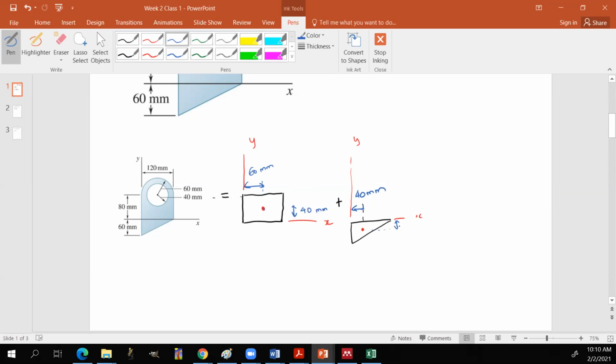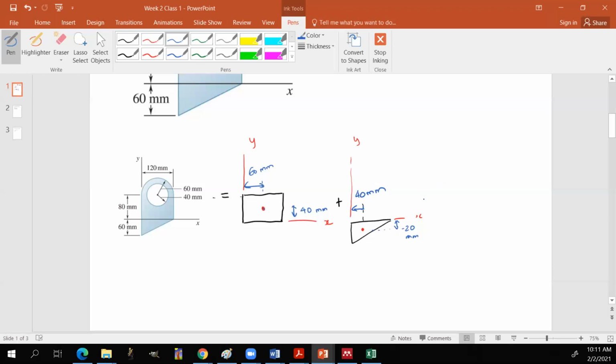But just to make our lives easy and not complicate things too much, just write it in terms of your coordinate system. So this distance here, because it's below the x-axis, you can just write as minus 20 millimeters.